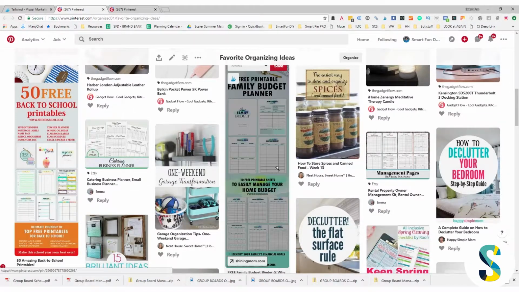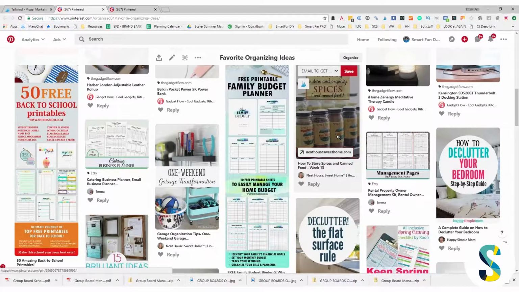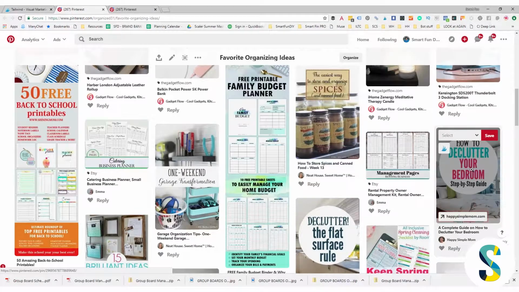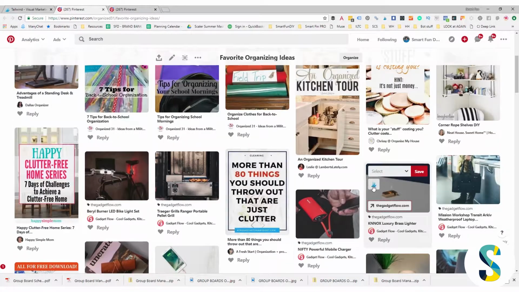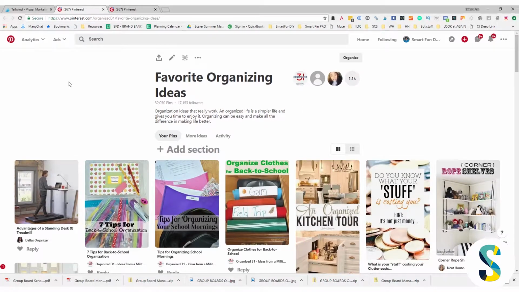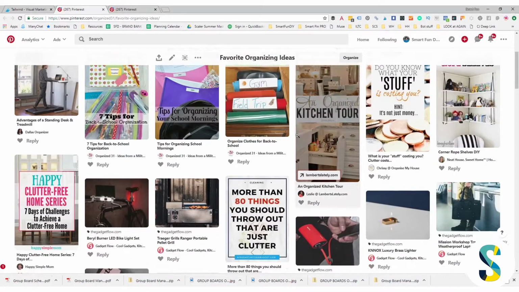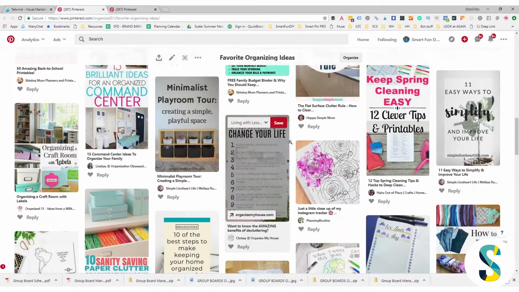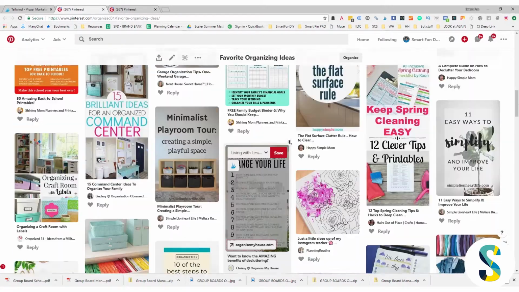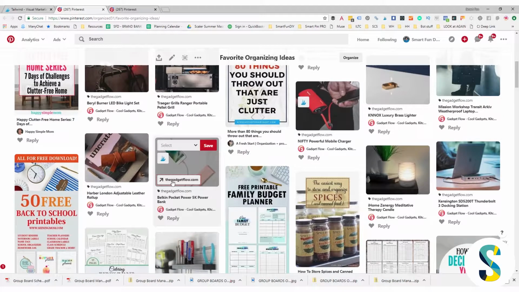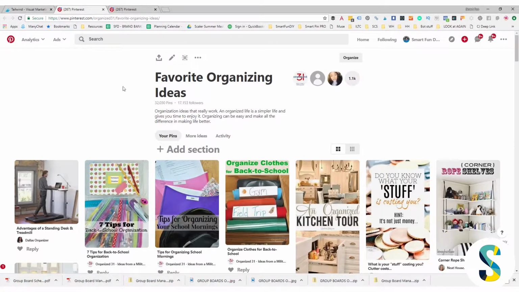Back to school printables, family budget planner, how to organize your spices, declutter your room. There's some really good stuff, but there's also a bunch of trash. And so this is one that I might put on the chopping block just because at the end of the day, it's not necessarily the best experience for people who are following it, because you've got somebody coming on and dumping all of their products on here, because with 1,100 people, you can't manage this very well.